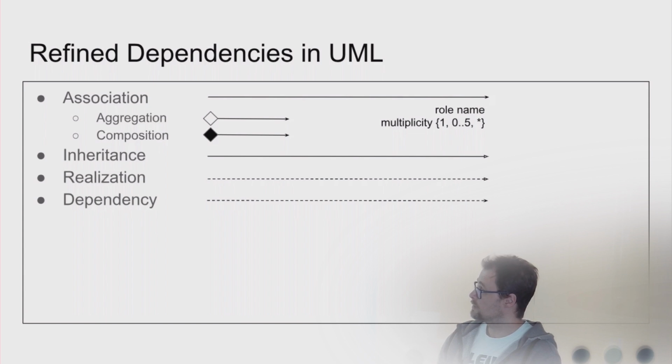We also have inheritance, a common relationship, especially in object-oriented systems. We can use inheritance also in the use case diagram between actors. So if we have one actor that can do everything another actor can, it can become quite messy to draw all the arrows the same way. We can think like we have a customer actor and we have a VIP customer.